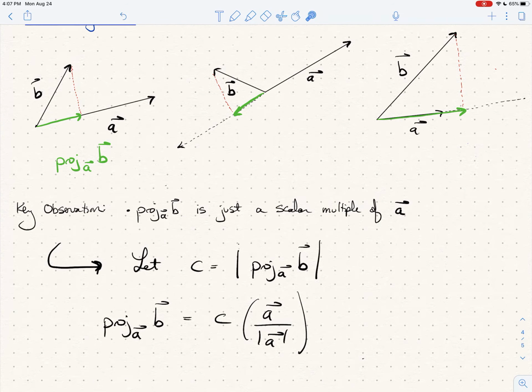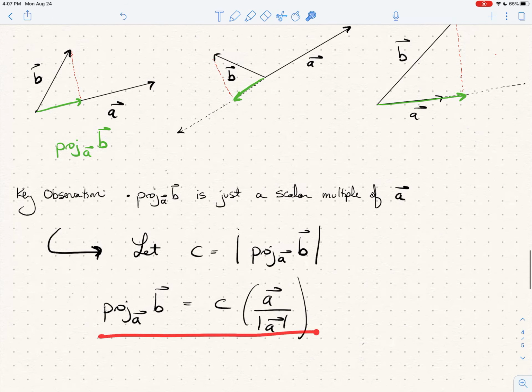Well, A over the length of A gives me a unit vector pointing in the direction of A, and then C gives me the length of the vector projection. So this part keeps the direction of A, and this part allows you to scale the length to whatever you want. Knowing this little connection is going to be the key to finding a formula.